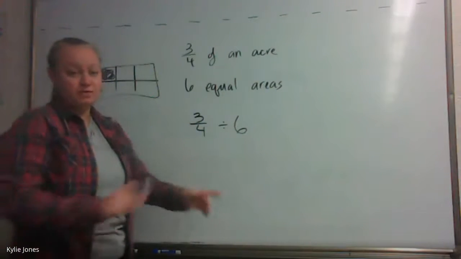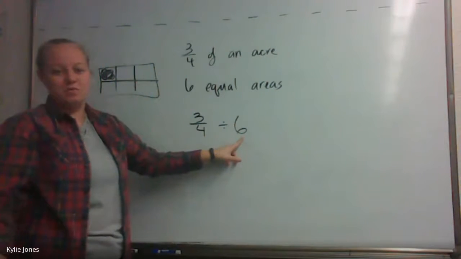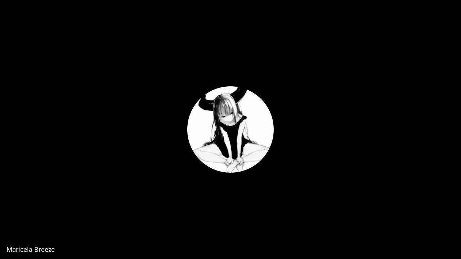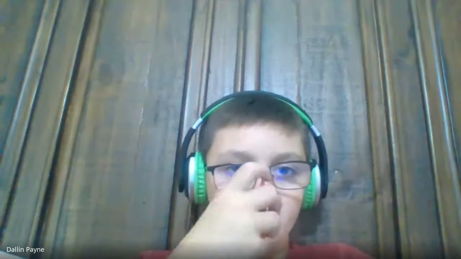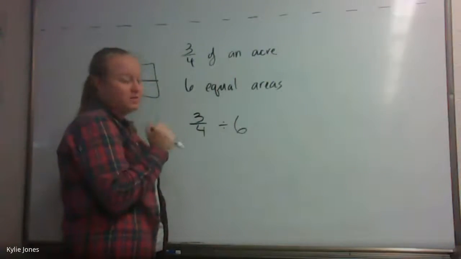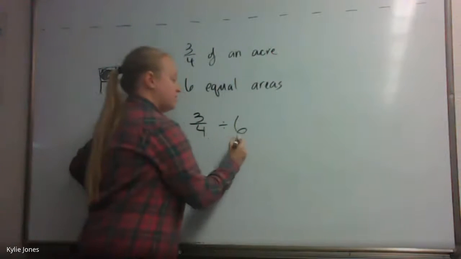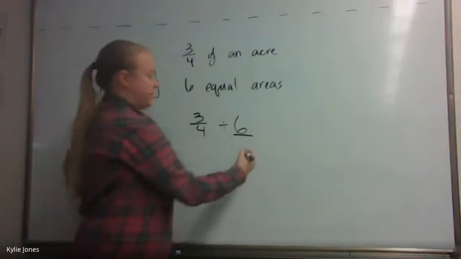Before I can do keep, change, flip, what do I need to do with this 6? It's a whole number. What can I do to it? Make it improper. How do I do that? Close. All you got to do is just one little thing. The 6 becomes 6 over what? 6 over 1.